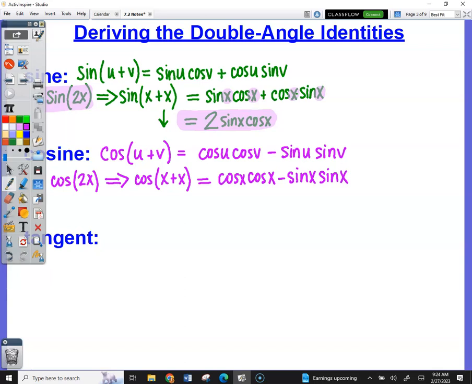Now I need to clean it up. What's cosine times cosine? Cosine squared. And then sine times sine is sine squared. That is the formula for the double angle of cosine.